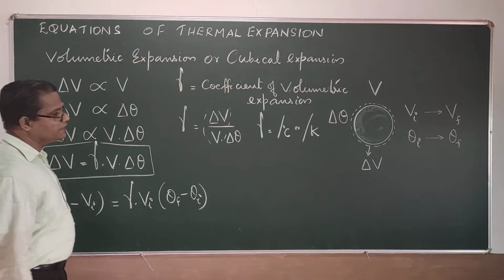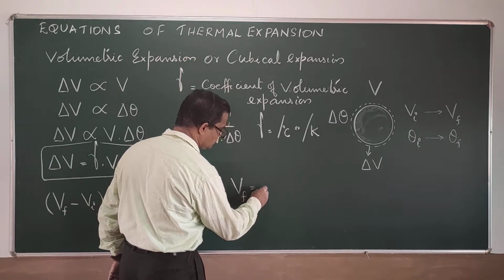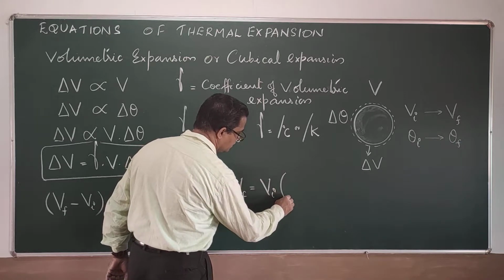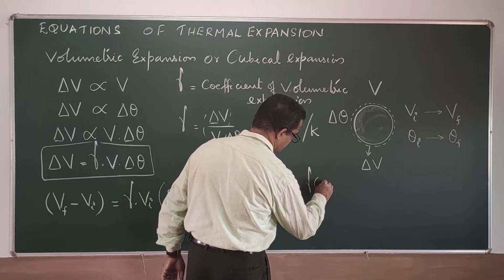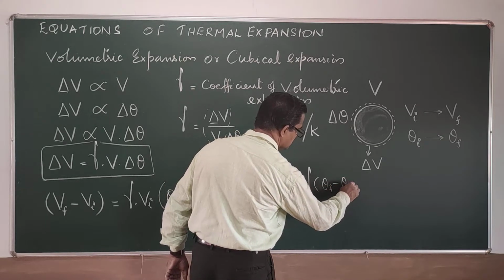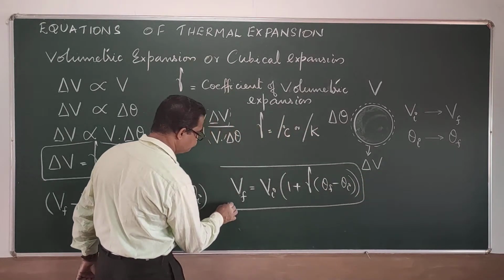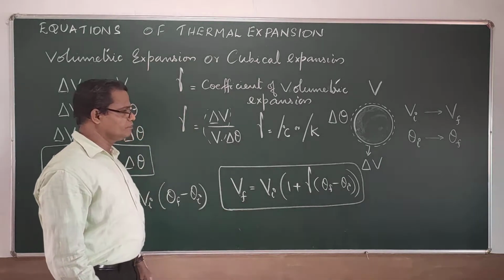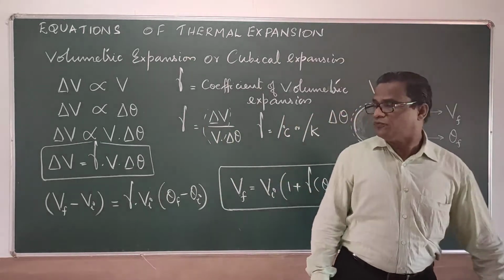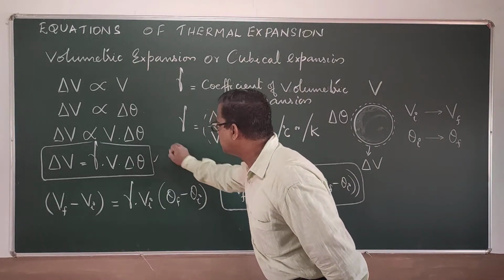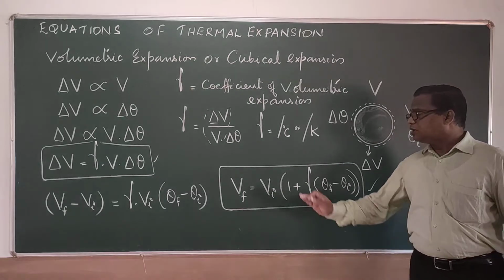So this can be rewritten as the final volume of the material equal to initial volume into 1 plus gamma into theta final minus theta initial. These are the equations we have for volume expansion, this one and this one. So note it down properly.